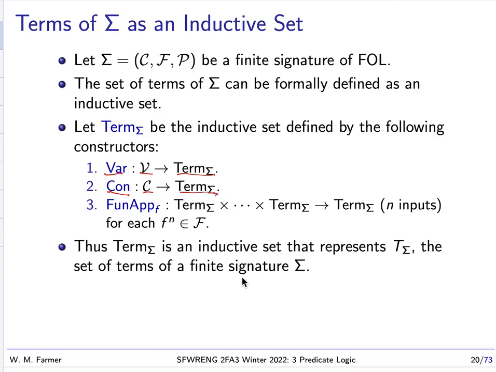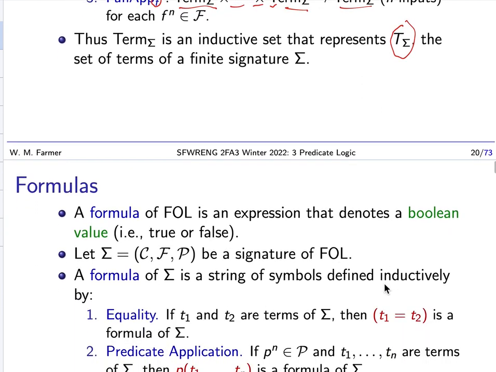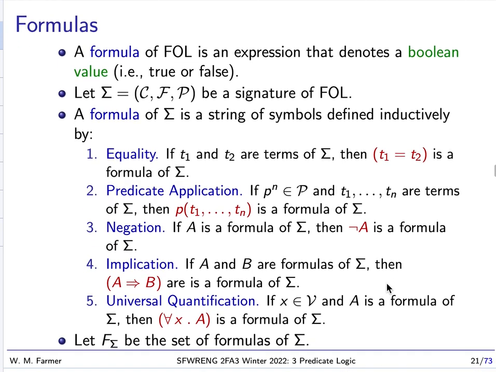And now, because function symbols have various arities, we need one constructor for each function symbol. If that function symbol has arity n, it takes n terms and gives back a term. So we can define term sigma as an inductive set, and that inductive set represents the set of terms of sigma. Okay, so now we know what terms are.